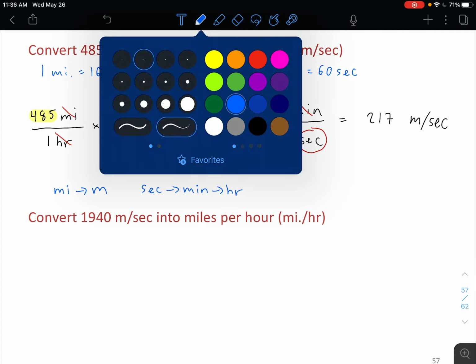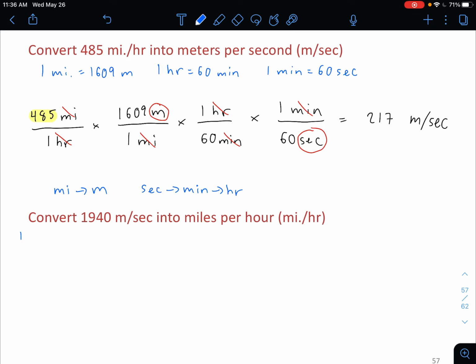Okay, the next one is basically the opposite order, duplicating what we did on the previous page. So same conversion factors, we're just going to use them differently. 1 hour equals 60 minutes, 1 minute equals 60 seconds. So we're going to go meters to miles, and then hours to minutes to seconds.